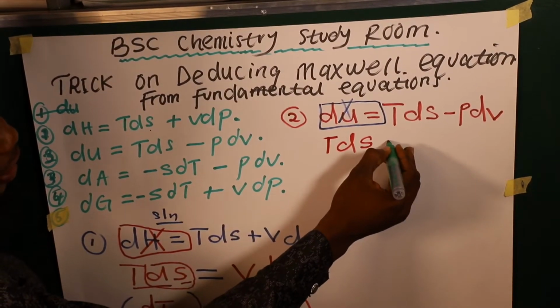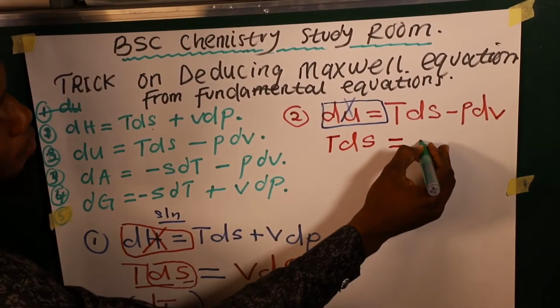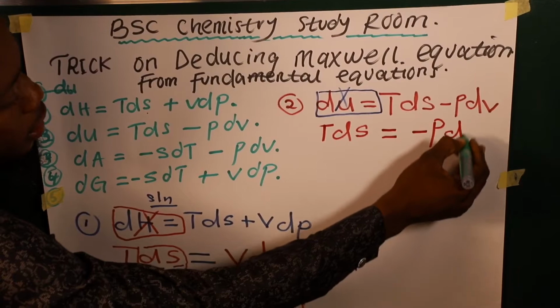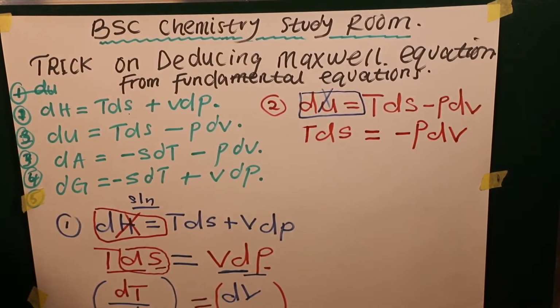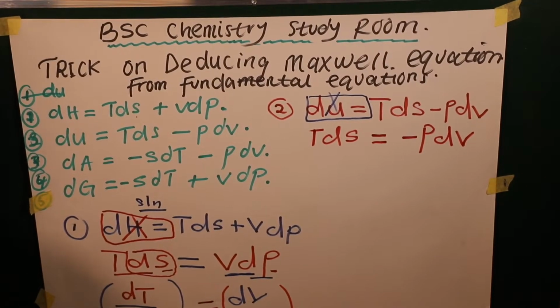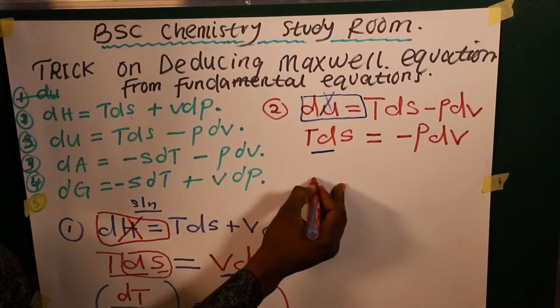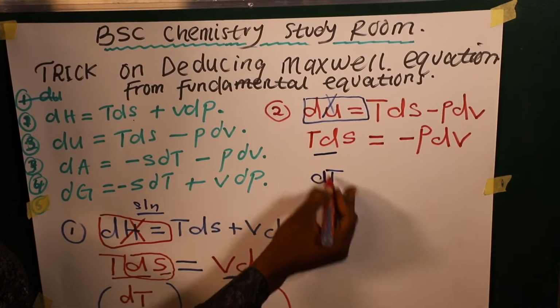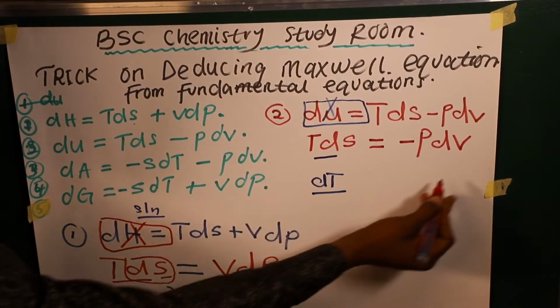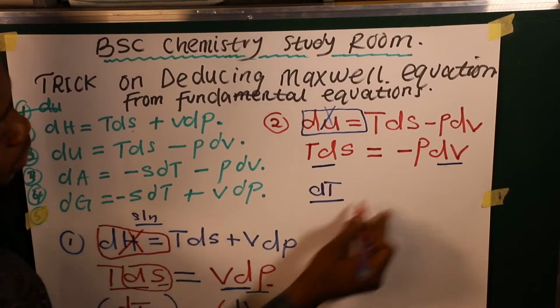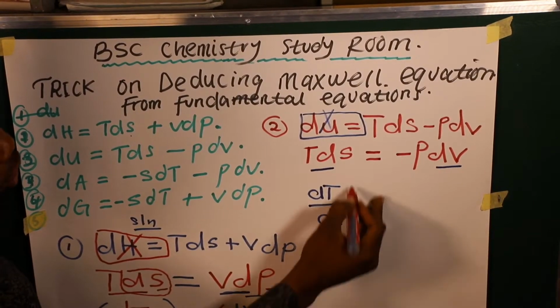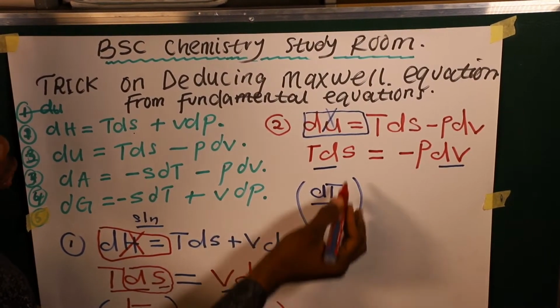Then before the minus, we provide an equality sign, then minus PdV. So now the second step is we take the first two variables in the first part of the equation, that is dT, and we divide it by the last two variables in the second part of the equation, that is dV.